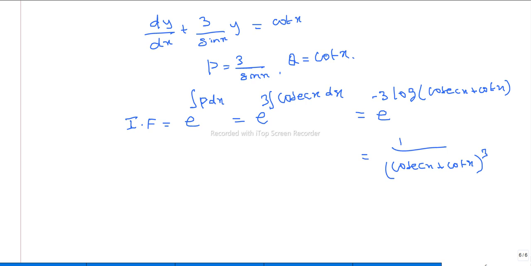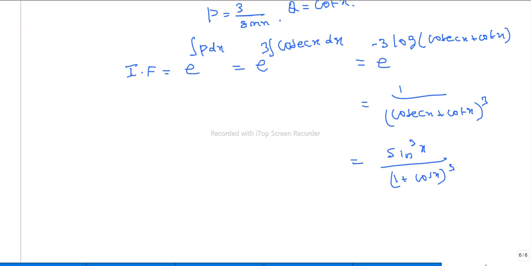We have the common denominator sine, so the numerator is 1 plus cos x whole cube, and the denominator is sin cube x.